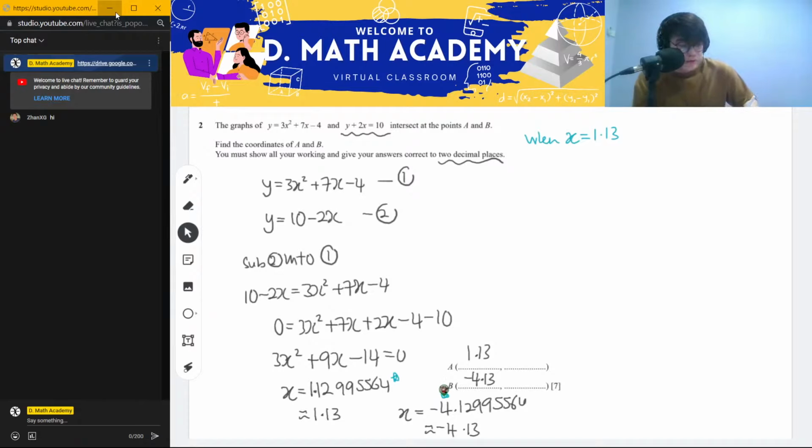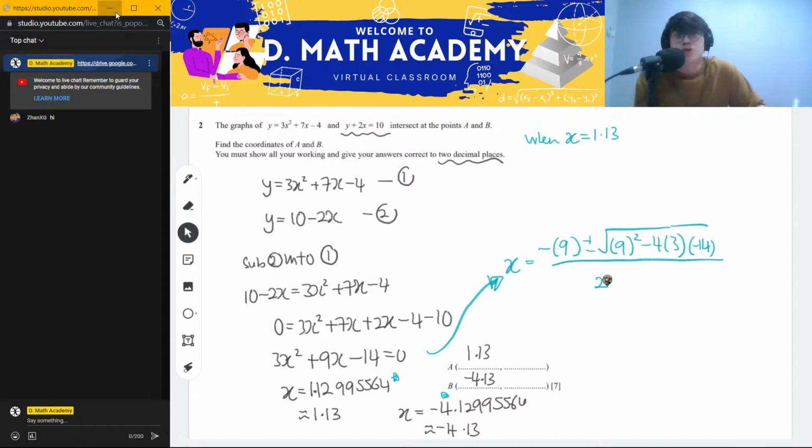So for everyone's reference, if you want to write the quadratic down, it goes like this. Show them that you use negative b plus minus the square root of b squared minus 4ac, where your c here will be negative 14, and then over 2a. So just attach this.